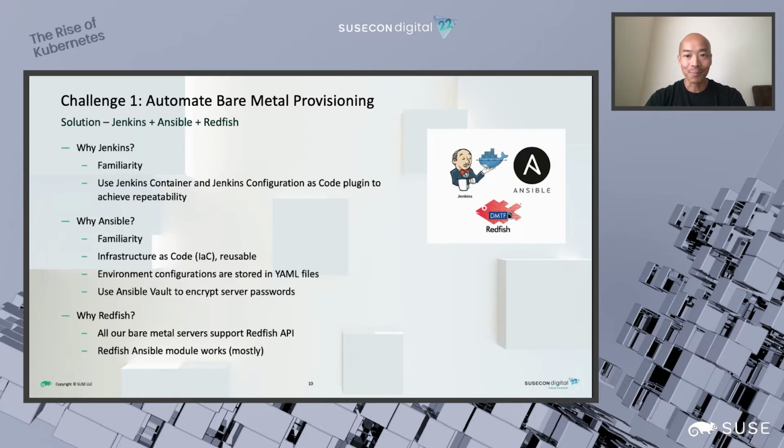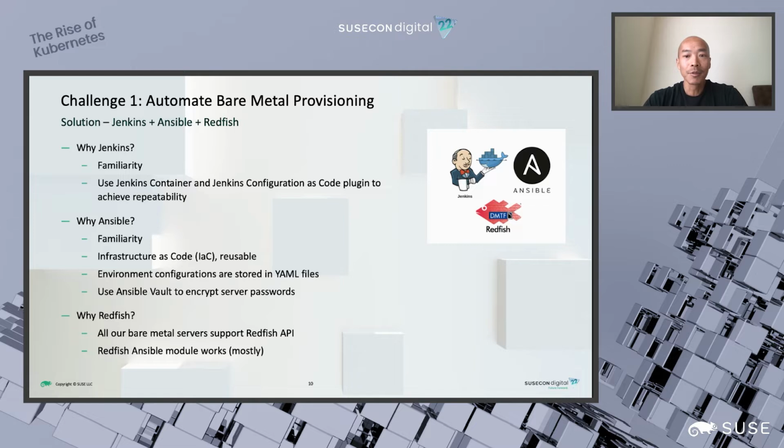Why use Ansible? Well, again, our team is well versed in Ansible because we have been using it in SUSE OpenStack Cloud for provisioning. Ansible playbooks are reusable, which we'll see why later on. Also, our lab environment configurations are stored in YAML files, which makes it easier to load them into Ansible as variables.